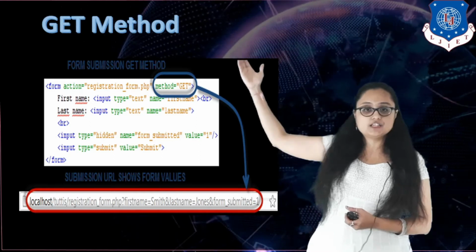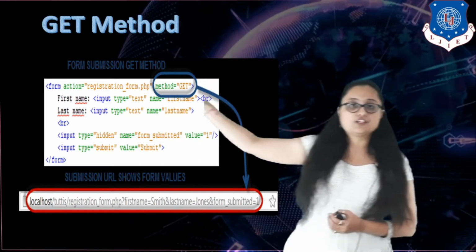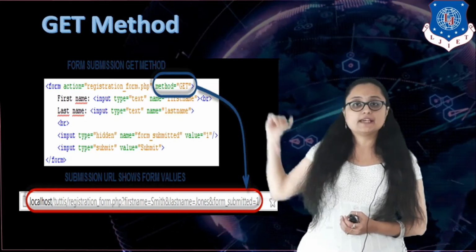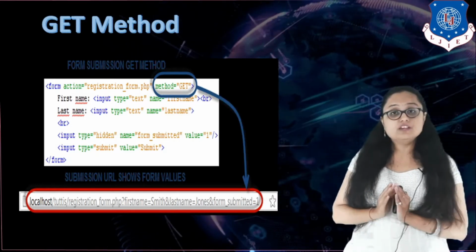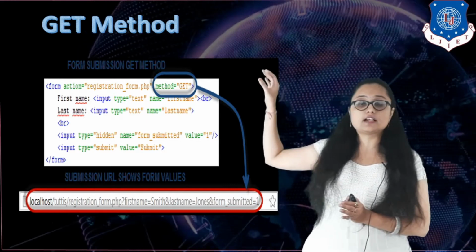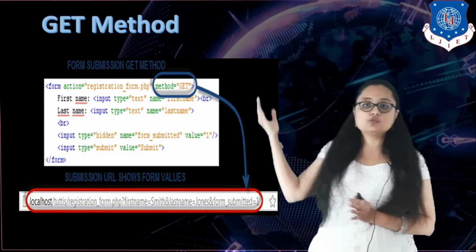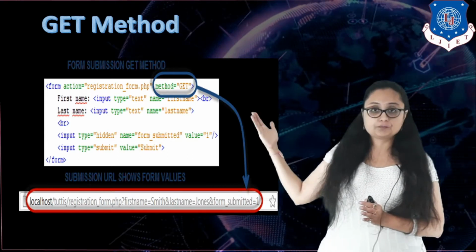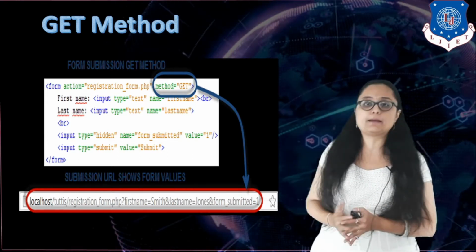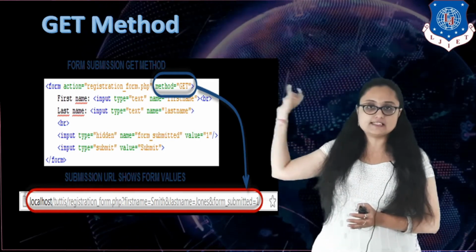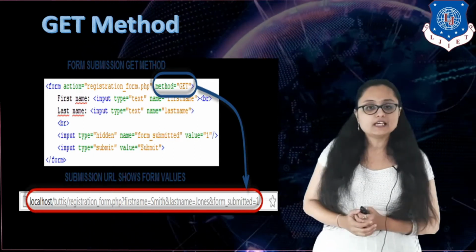You can see over here the get method. Here I have written form, and in the form I have used method equal to GET. It is mandatory that whenever you write the value of this method attribute, either GET or POST, both should be in capital letters. All the letters of this method value should be in caps.